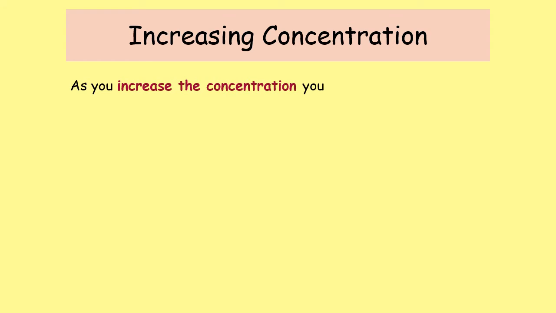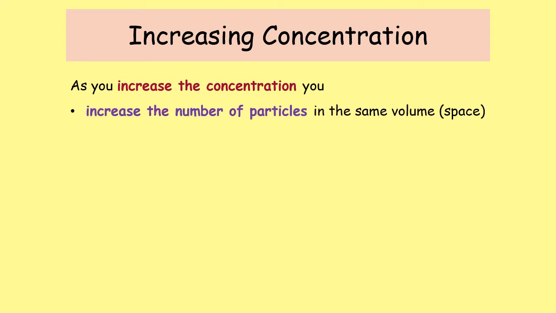Now what we're going to see is that if you increase the concentration of a solution, so that's just making it stronger, what you're doing is increasing the number of particles in the same space. And if we have more particles in the same space or the same volume, it means the particles are a lot closer together.